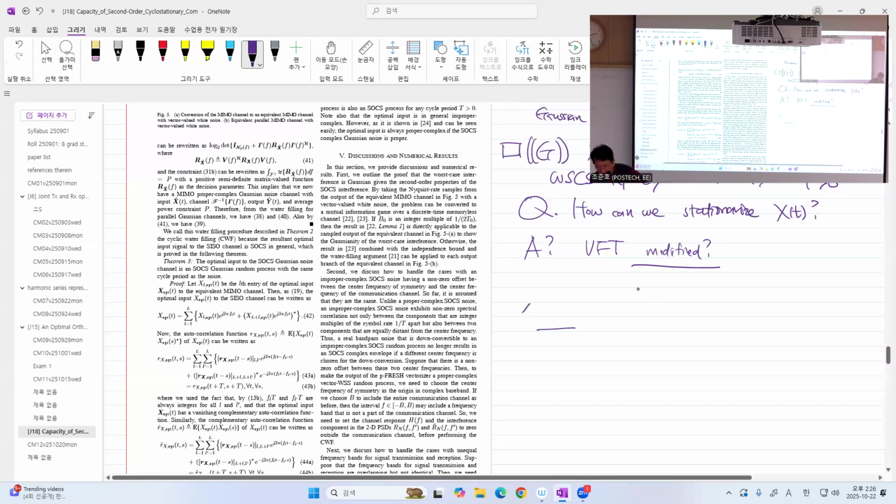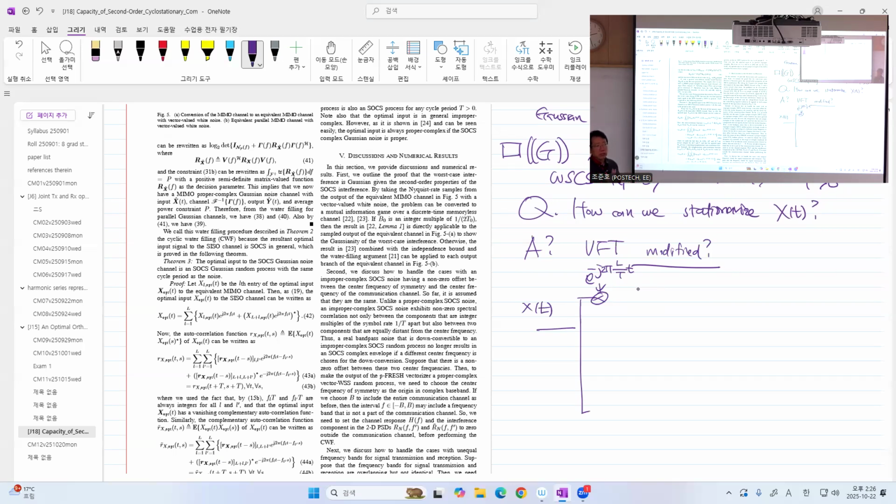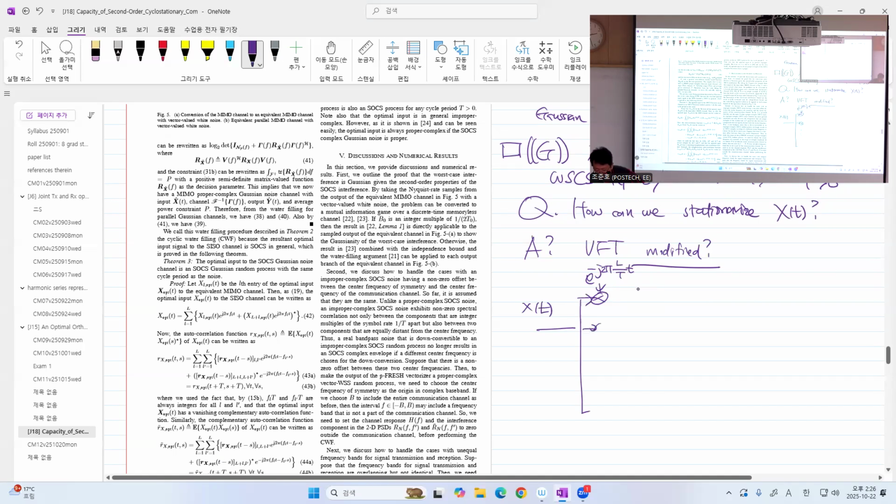So let's remind ourselves what the vectorized Fourier transform was. Here we multiply some complex exponential function with an integer multiple of the inverse of the cycle period. And we have many branches with uniformly spaced frequencies.